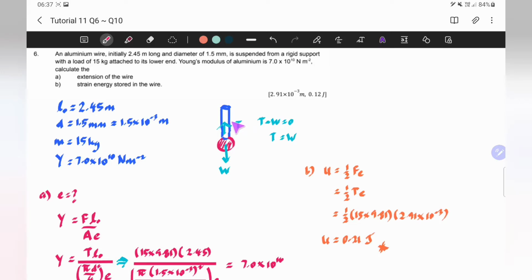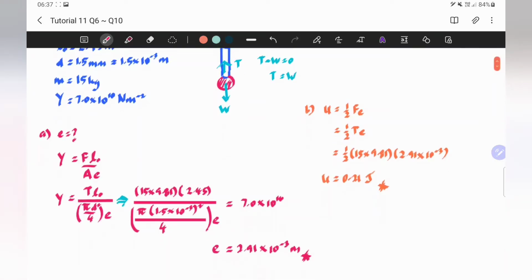Alright, so for the first question, they ask you to find the extension of the wire. So how do you find the extension, which is e, the elongation? Using the Young modulus equation, Y equals F L0 over A e. The force exerted on the wire is the tension, this is L0, and the area is pi d squared over 4 because the diameter is given, multiplied by e.